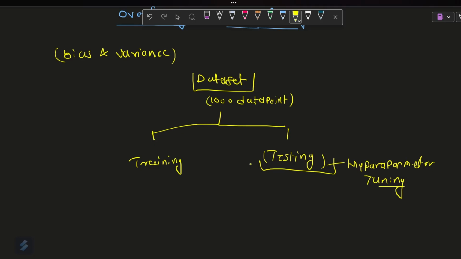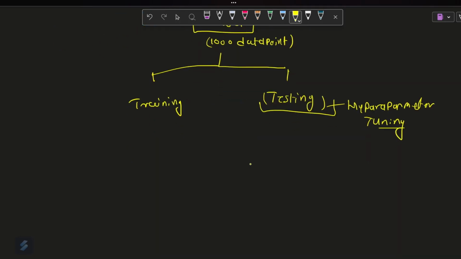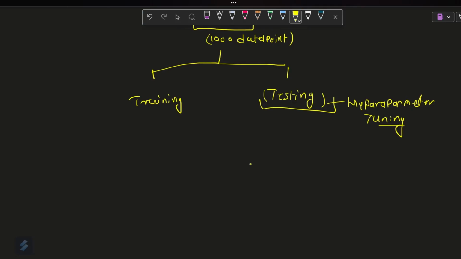Let's start with what overfitting and underfitting are.